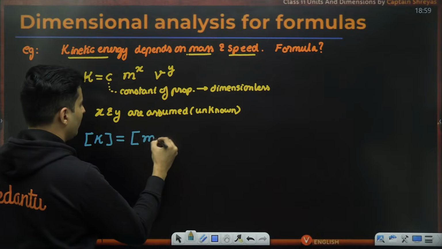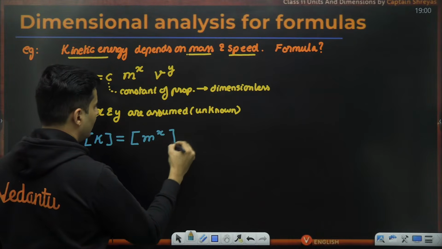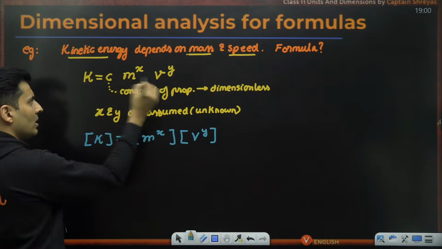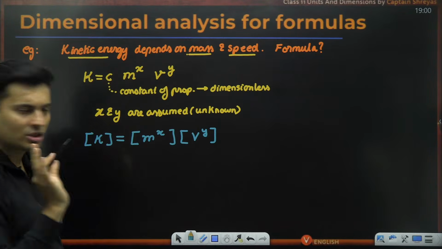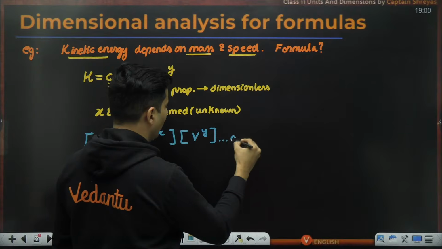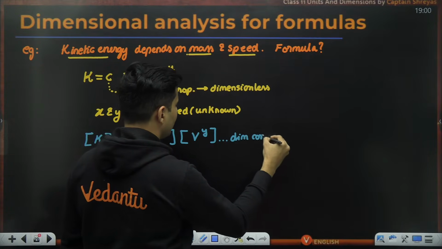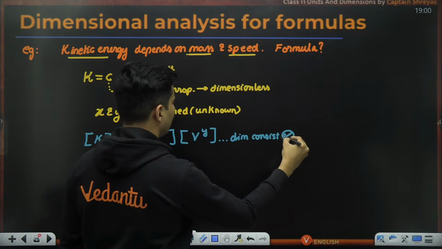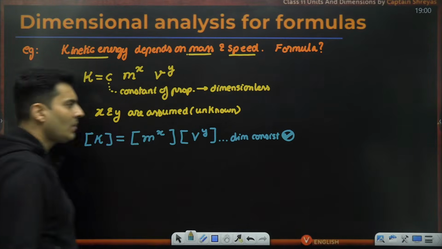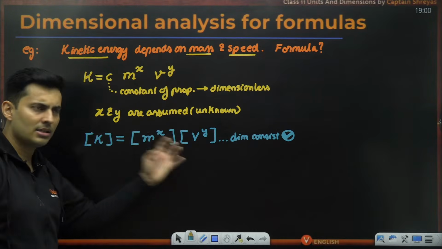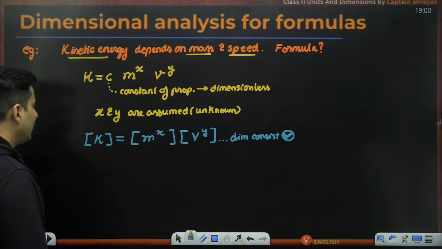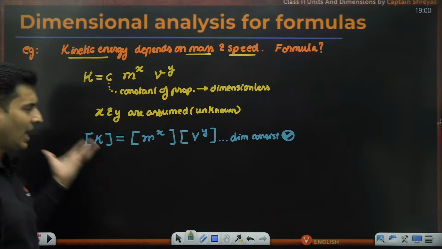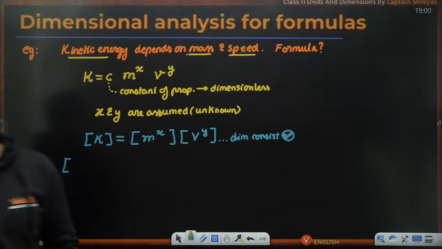So it will be the dimension of m raised to x and into dimension of v raised to y, because I put an equal to, so LHS and RHS dimensions should match. This is exactly what dimensional consistency is. Is that right, guys? It's dimensionally consistent, so LHS and RHS dimensions should match. Kinetic energy, it's an energy, so energy has the same dimension as what?